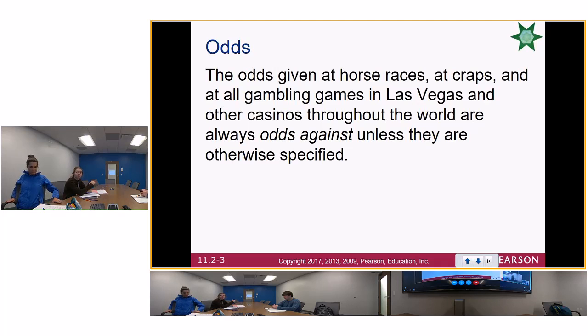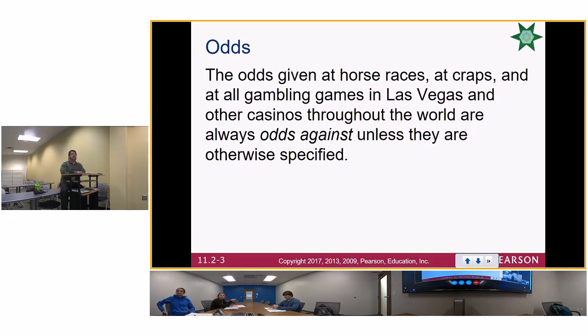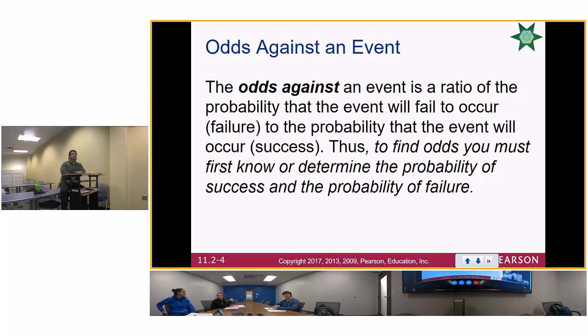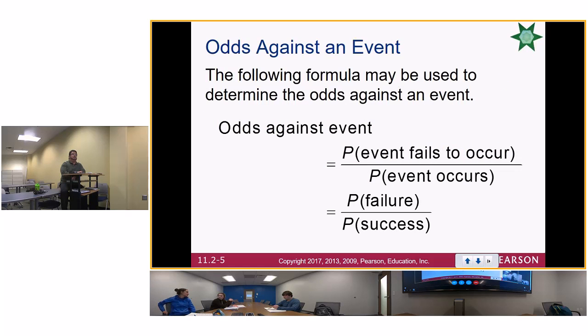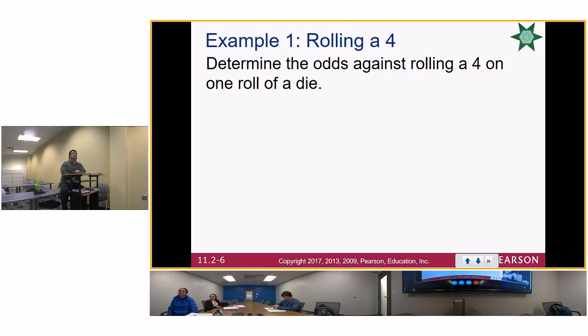The odds given at horse races, at craps and gambling in Las Vegas. Determine the odds against rolling a 4 on one roll of a die. Okay, do that. It's real simple, since you know it's the probability of failure over the probability of success.